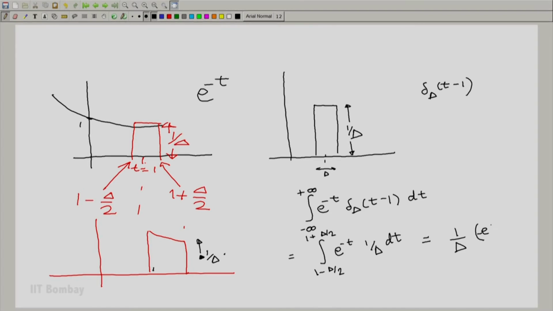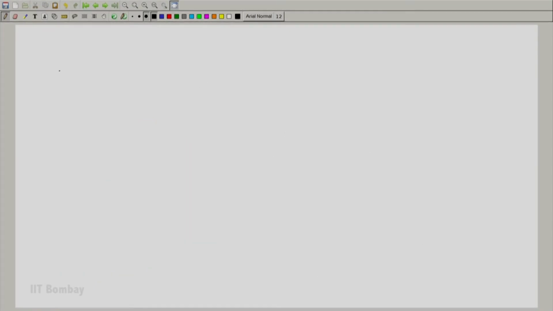So it will be minus e raised to minus t with the limits 1 plus delta by 2 and 1 minus delta by 2. So it was 1 by delta times e raised to minus 1 minus delta by 2, minus e raised to minus 1 plus delta by 2. That's correct. I think that's it.